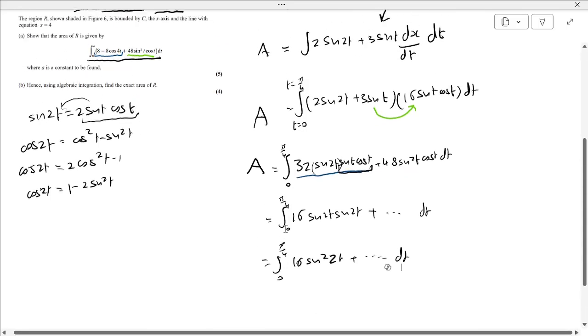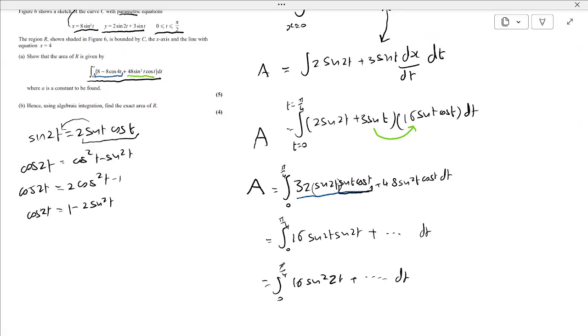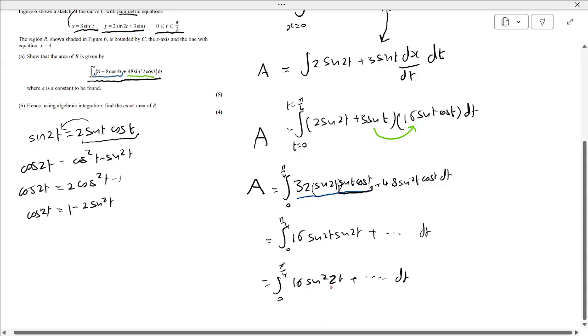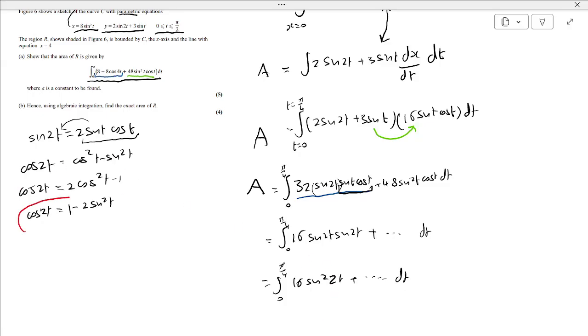I'm aiming for something with cos 4t, bear in mind. Then we'll look at my double angle formulas again. Do I have a formula that will relate a sine squared into a cos? And I do actually. I have this one. Sine squared t will become cos 2t. So over here, when I have sine squared 2t, that's going to give me cos 4t.